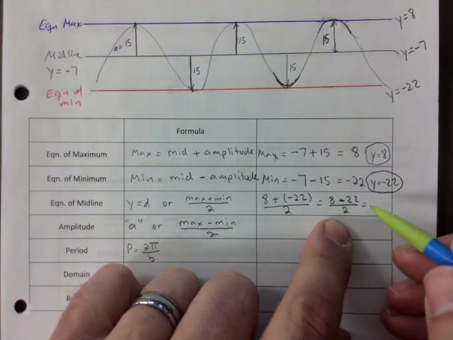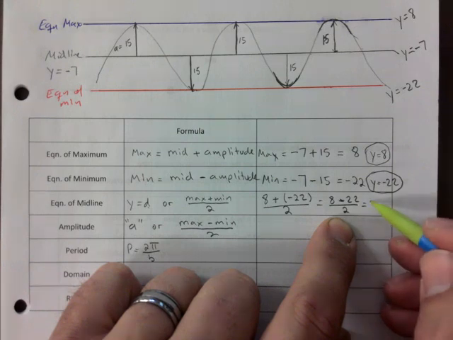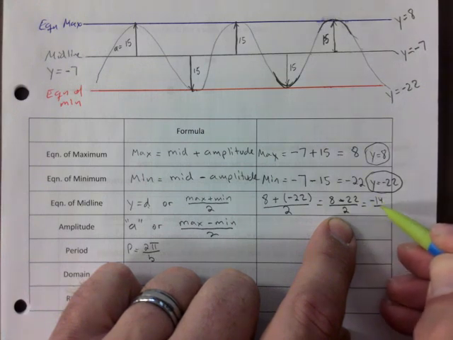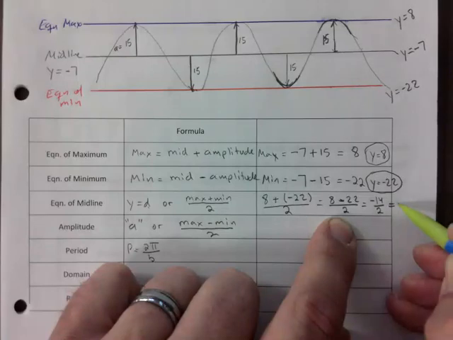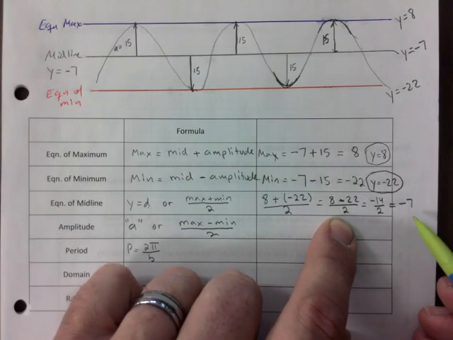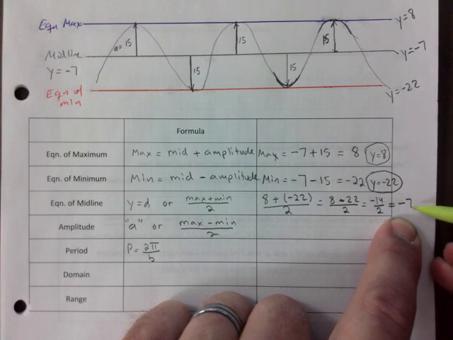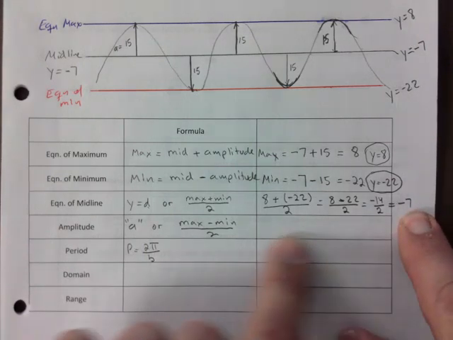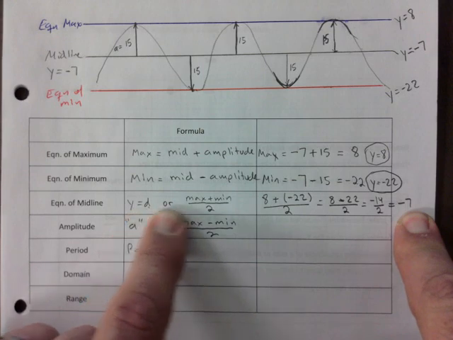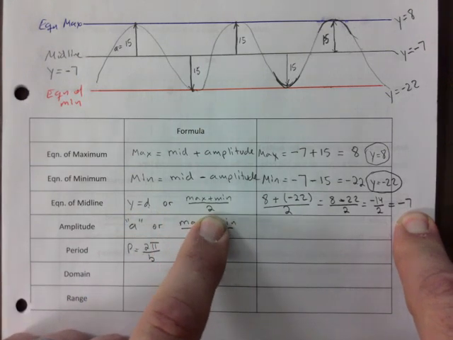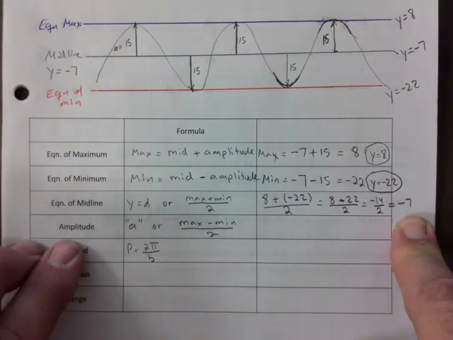And this gives me -14 divided by 2, which is -7. I already knew that it was -7, but this is just to confirm that if you didn't know what the equation was, you could have just grabbed the max and the min, added it up, and divided it by 2, and then you get your midline.